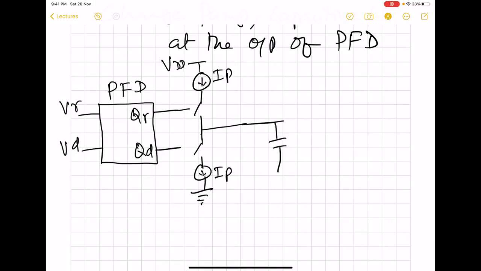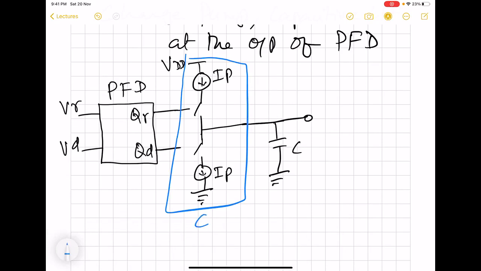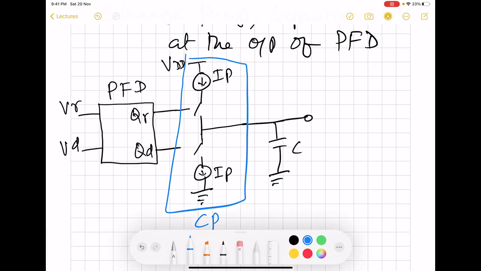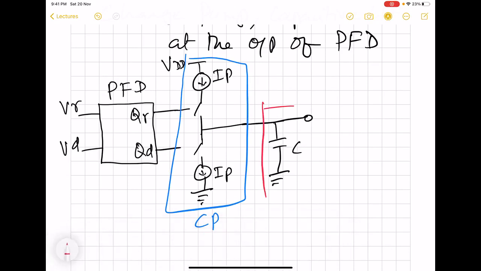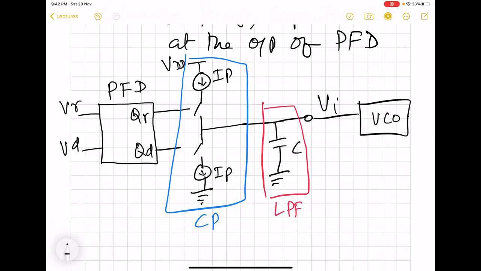In the simplest form, this is going to be only a capacitor C. So here we have now three elements. Charge pump, so the charge pump is this much circuitry. This is the charge pump, and then we have the filter here, and this will then produce a voltage Vi, which will ultimately be fed to the VCO.